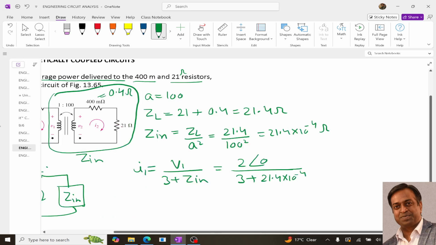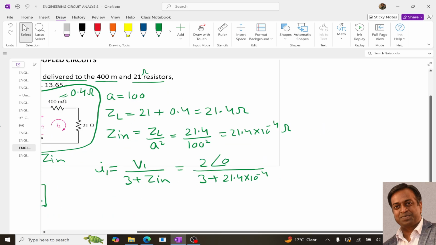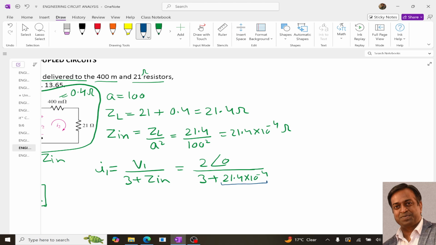Just to approximate, because this is very small compared to 3, we can simply assume that I1 is 2 by 3 amperes. The total will be 3 plus 21.4 times 10 to the power minus 4, which is 0.00214, so 3.00214.